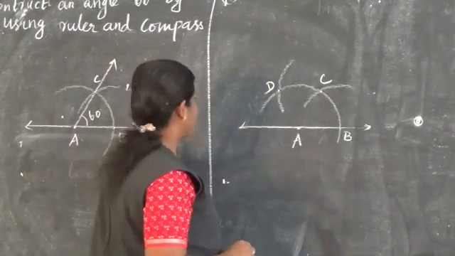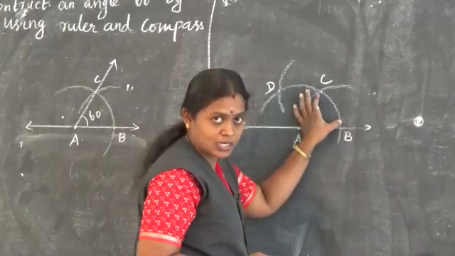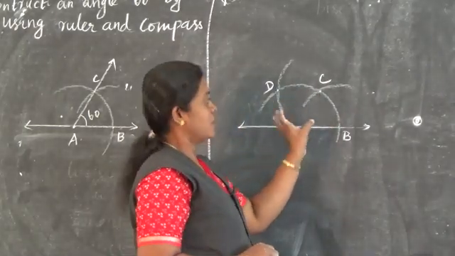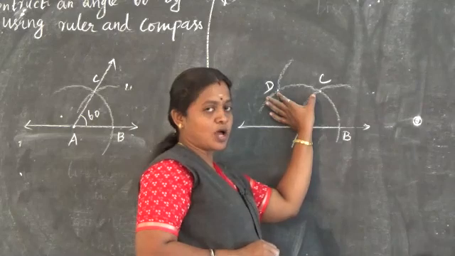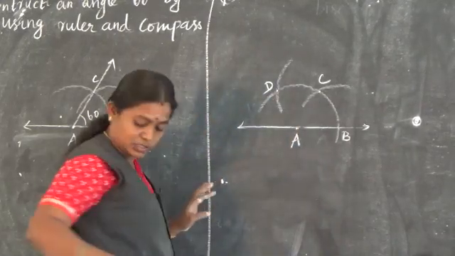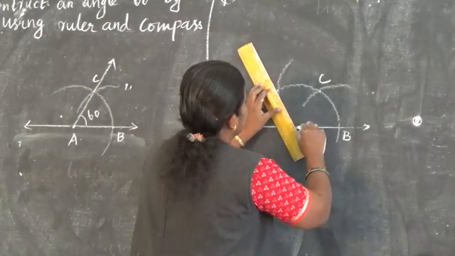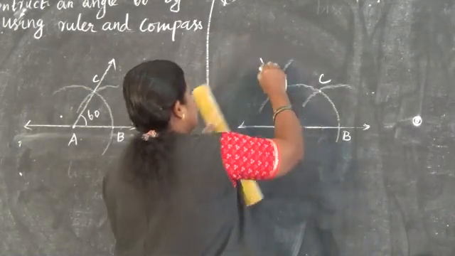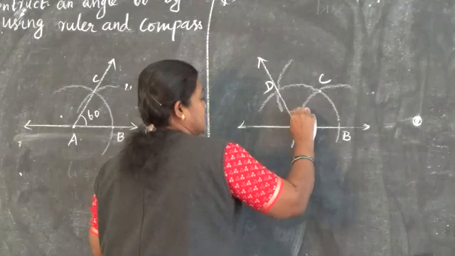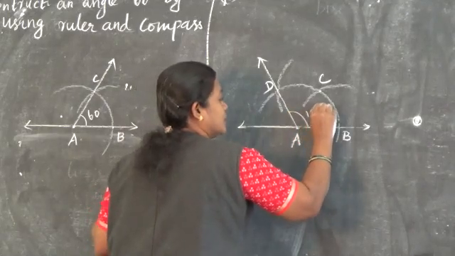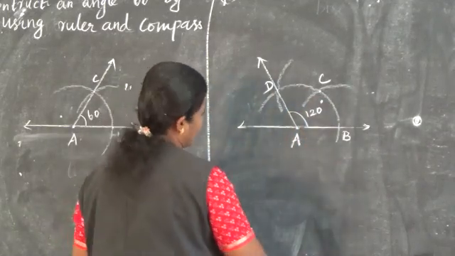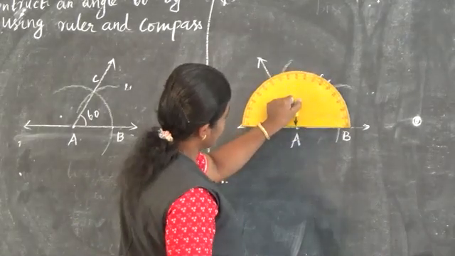In the previous problem we drew only one arc, and it showed 60 degrees. Here we drew one more arc, and it shows 120 degrees. Now join AD. This is 120 degrees. If you have any doubt, use your protractor and check it.